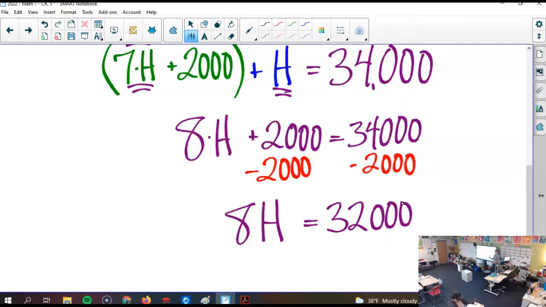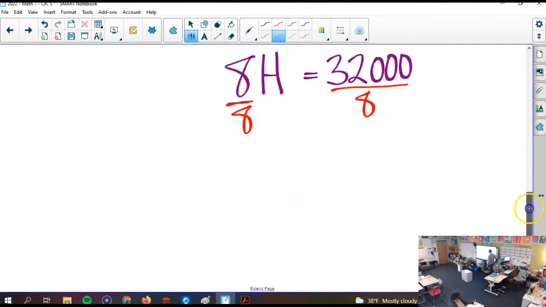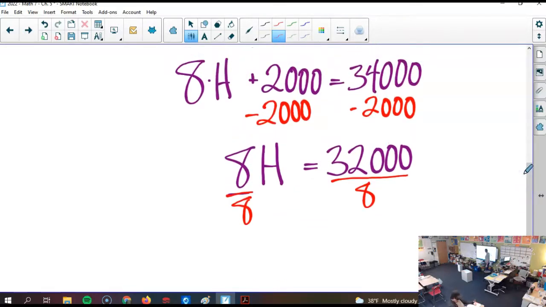Think in your head, what do we do now to turn 8H into just H? Now you can say it out loud. Divide by 8 where? Both sides. I want you to be red. Please turn red. And H will equal 4,000.